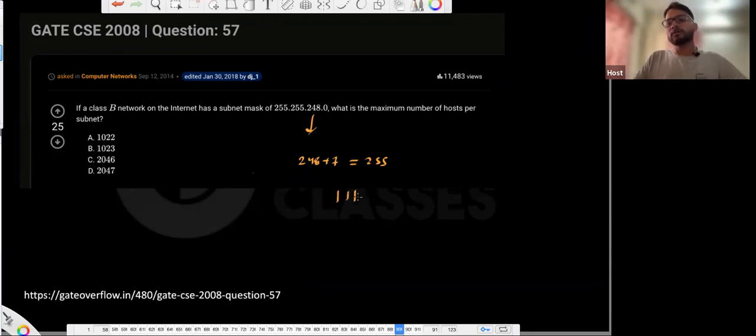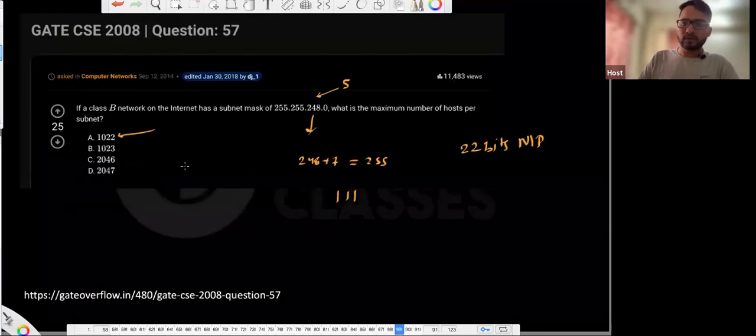So I think these are 5 bits. Now you are having 16 plus 5, which is 22 bits for the network ID. So you are having 10 bits for the host ID. So 10 bits for a host ID means 1022, right?